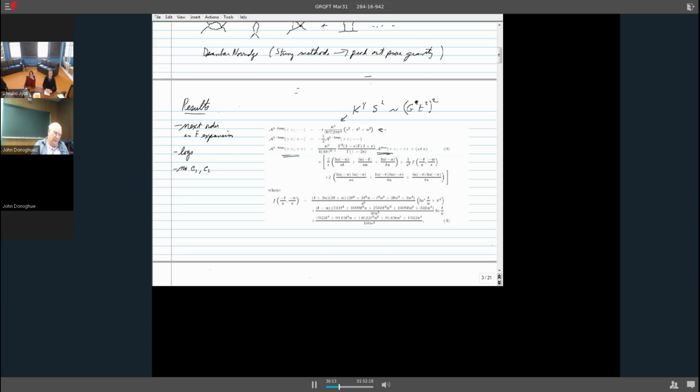You also got some term that didn't have logs. One of the things to point out is there's no C1, C2 here either. So this doesn't depend on these coefficients at all. And there's a reason for this. Remember, pure gravity was one loop finite.